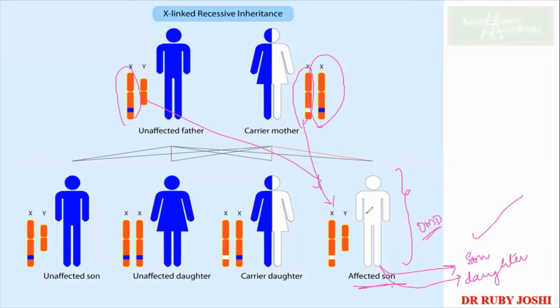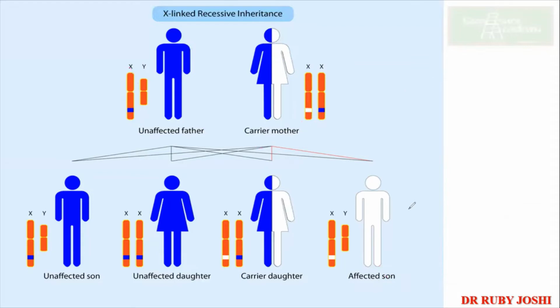Like suppose this affected son marries a carrier woman. Then what is the chance that the daughter who is born is going to be affected? Both need to be carriers in case of daughter. No, so I'm saying that, let's say that this affected son marries a carrier woman.